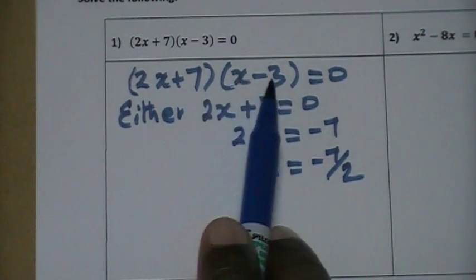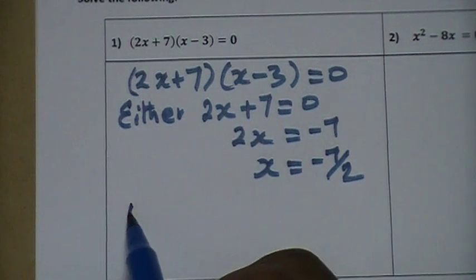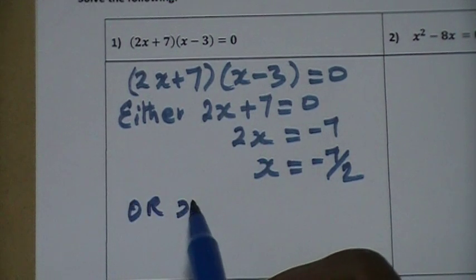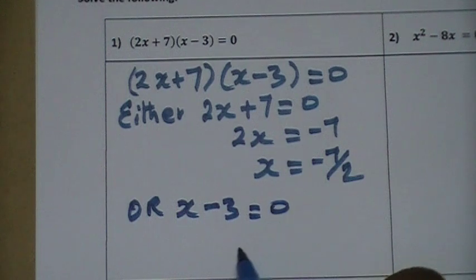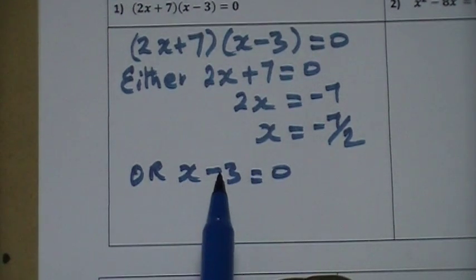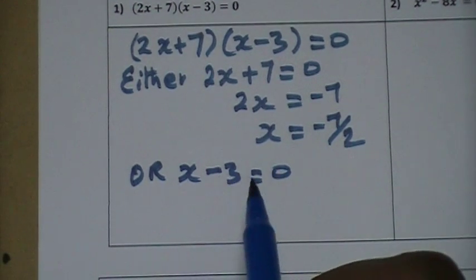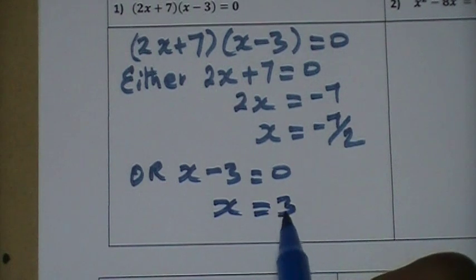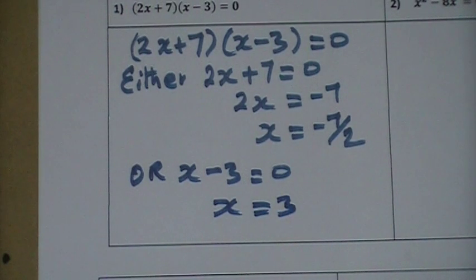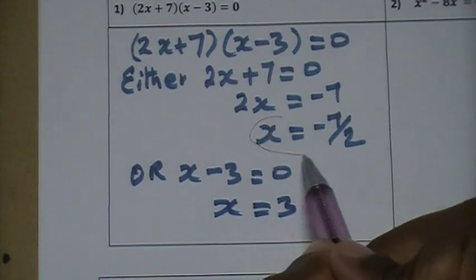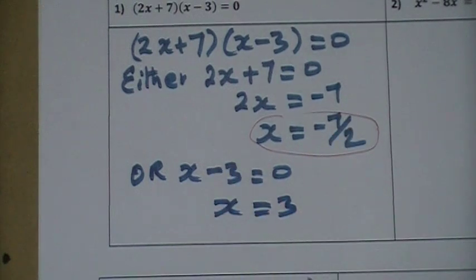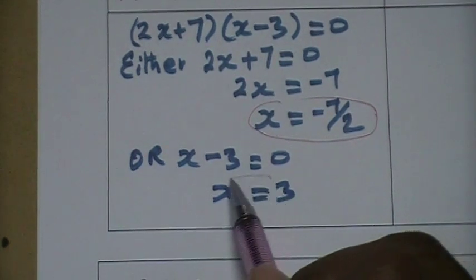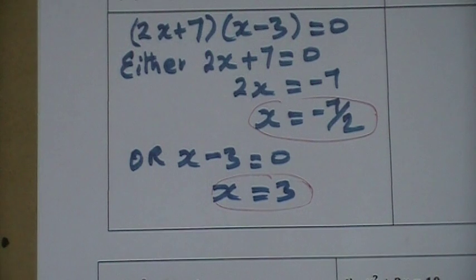Or this one could be the one that is 0, so we write or. And then we solve by adding 3 to both sides. And so those are the two solutions. Either negative 7 over 2 or 3.